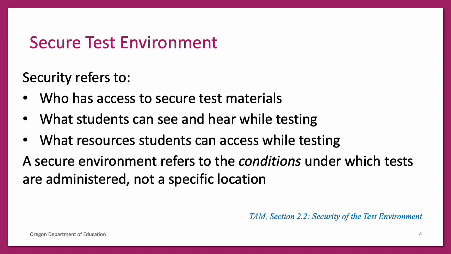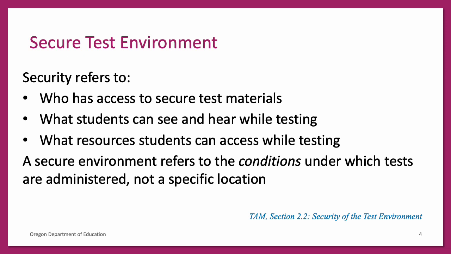Test security generally involves who has access to secure test materials, what students can see and hear while testing, and what resources students can access while testing. To ensure a secure test environment, there are requirements that must be met in preparation for testing, during testing, and once testing has been completed.